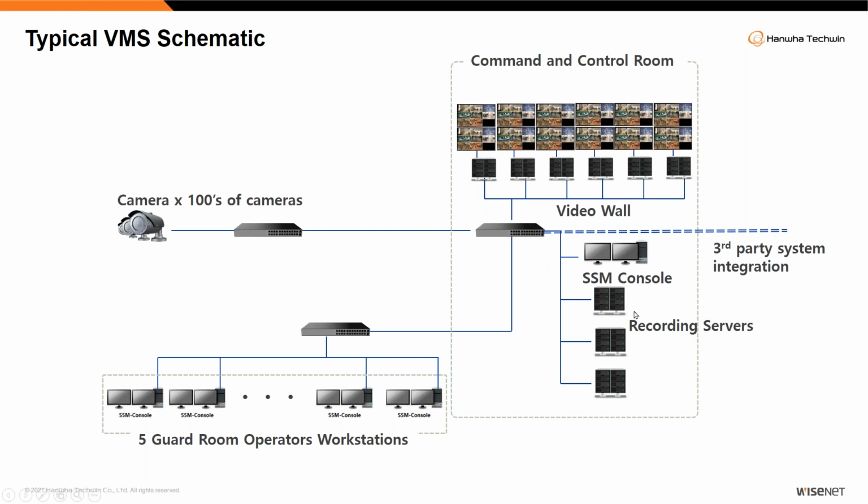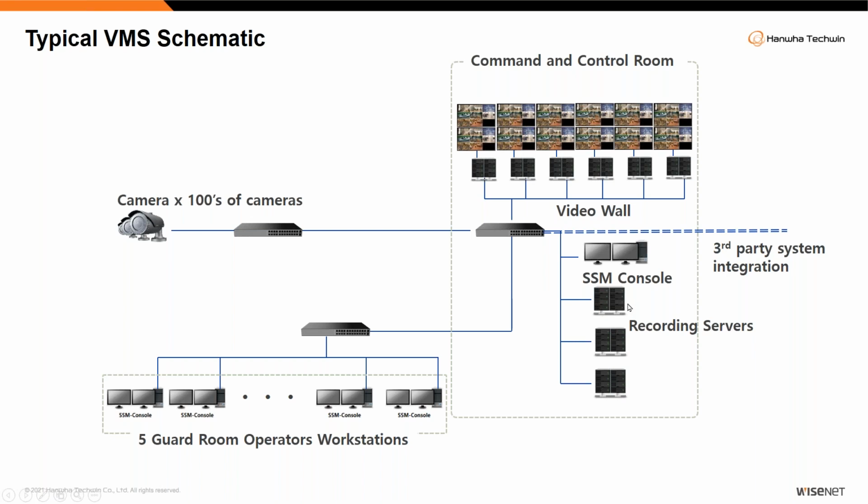So you have a control room where all the recording servers are connected. The video wall servers are connected. Then we have another place where the operator PCs are connected to switches. So they're all interconnected. The video management software will be installed on the recording part.